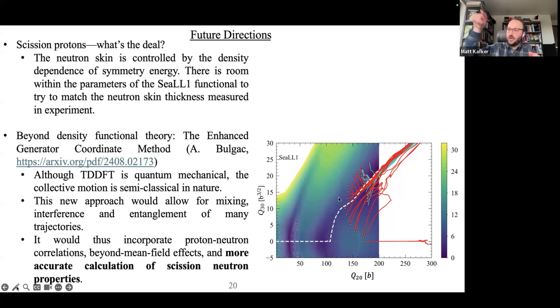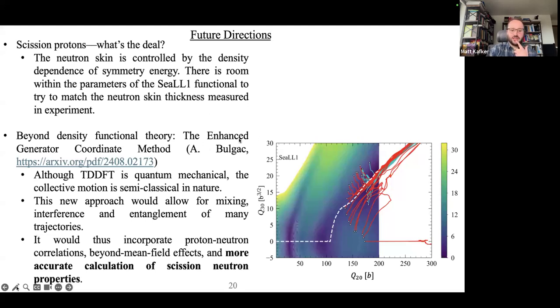And they basically form a continuous curve on this surface, which is ultimately a semi-classical description of what's taking place. But we know that fission is a fully quantum mechanical phenomenon, which I hope I've been able to communicate over the course of this talk. So in principle, it should be possible to have interference and entanglement between these trajectories.